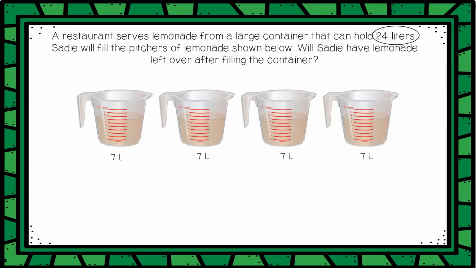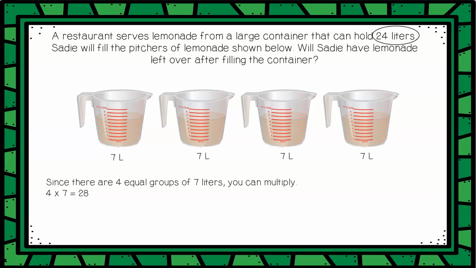Since there are 4 equal groups of 7 liters, we can multiply. We can see that there are 4 pitchers of lemonade, and they all have 7 liters of lemonade. Like the information already tells us, we can multiply because these are equal groups. So we can do 4 times 7 equals 28.